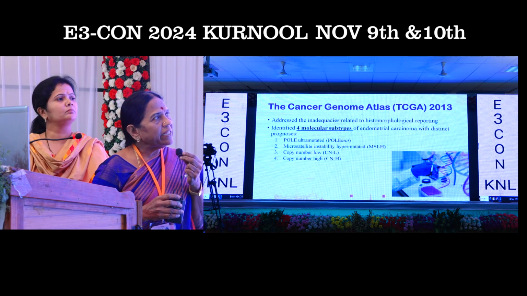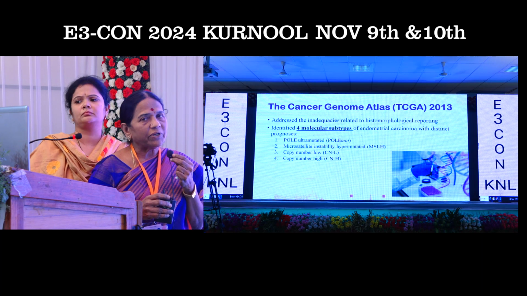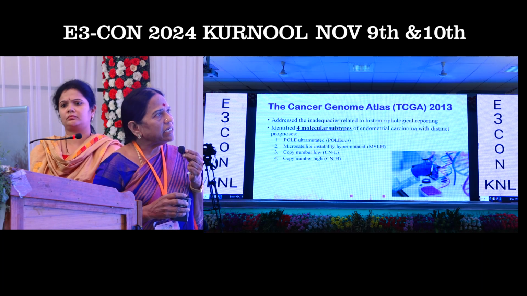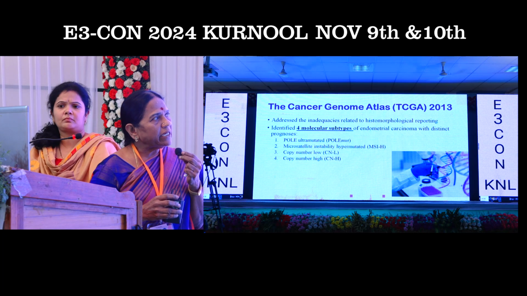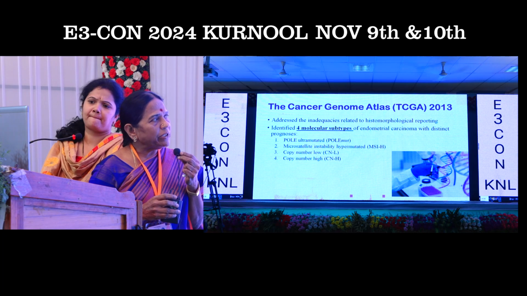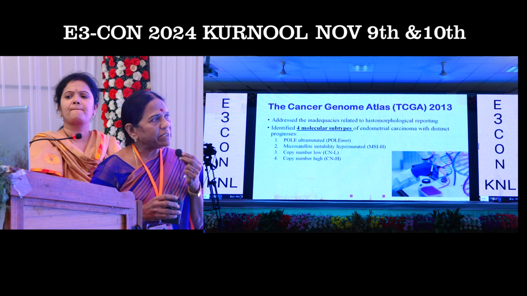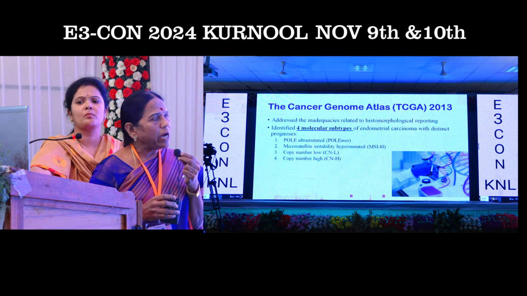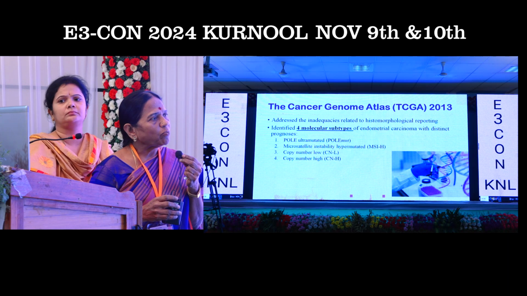So they have subdivided endometrial carcinoma into 4 subtypes of molecular classification with different prognostic levels. Those are the POLE mutated, that is called POLE ultra mutated, microsatellite instability hypermutated, that is called MSI-H, and copy number low and copy number high. This is according to the TCGA classification.